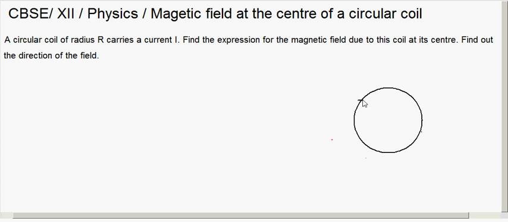We will assume the direction of the current as clockwise I, and the radius of the circle is r.